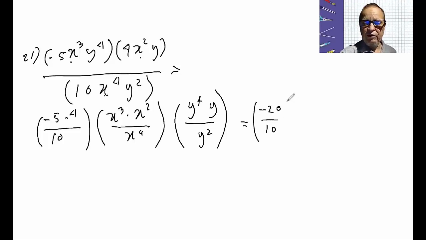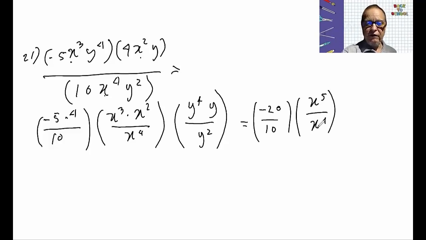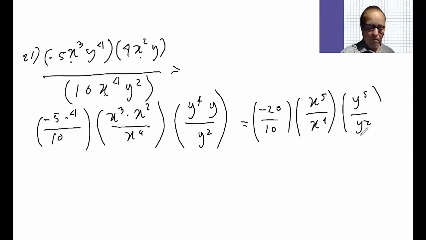So I'll do my product rules first. So I have x to the 3 and x squared, so I add those up. So that means I get x to the 5th over x to the 4th. And I have 4 plus 1, so I'll have y to the 5th over y squared.